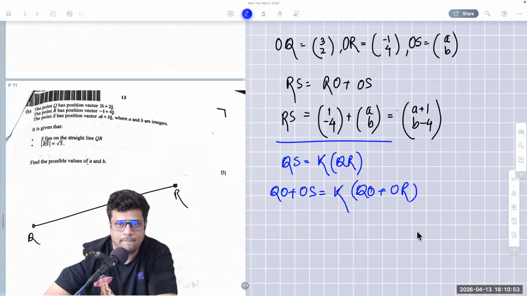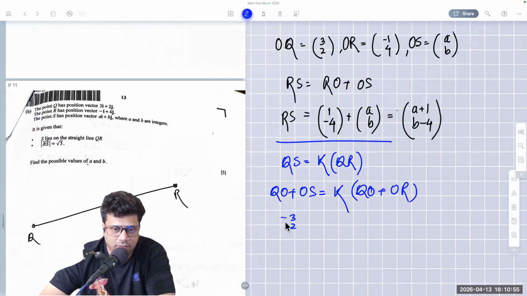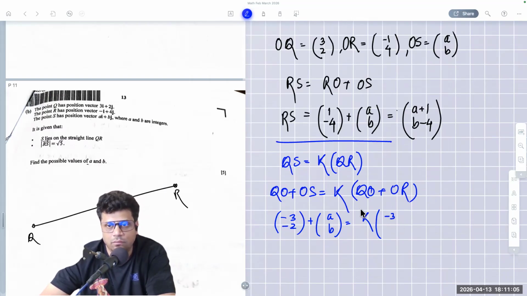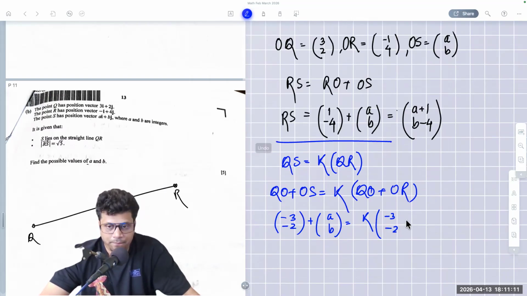is (-3, -2). OS is (A, B) equals K times (-3, -2) plus OR, so (-1, 4).